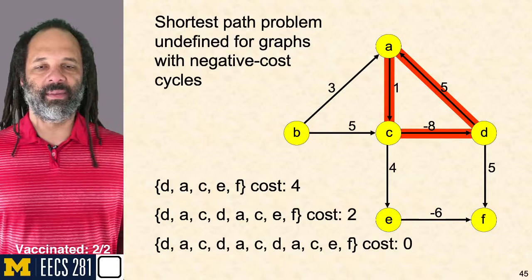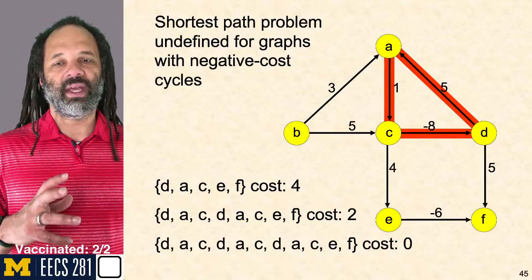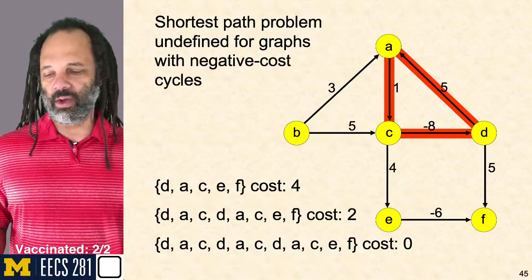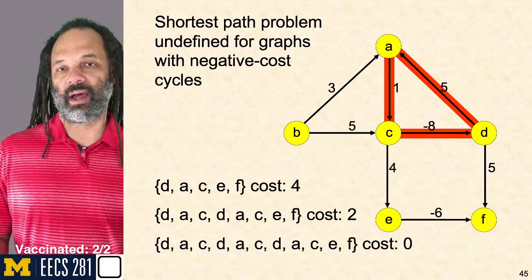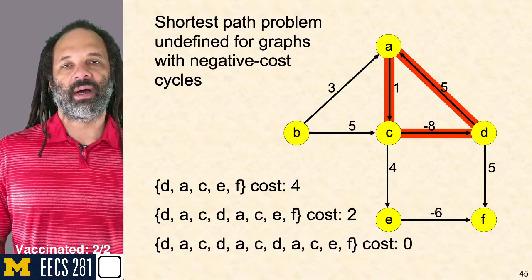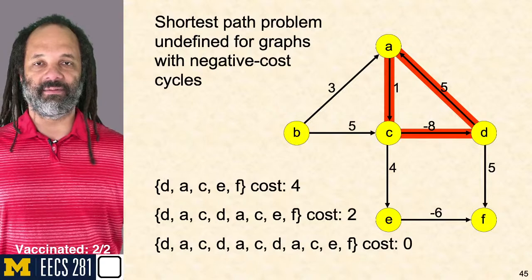Shortest path problems really break down if you've got negative cost cycles. If it's possible in your problem to have a negative cost edge, some problems it is possible, other problems it's not. Obviously, we can't have a map and say the distance from here to there is -5.